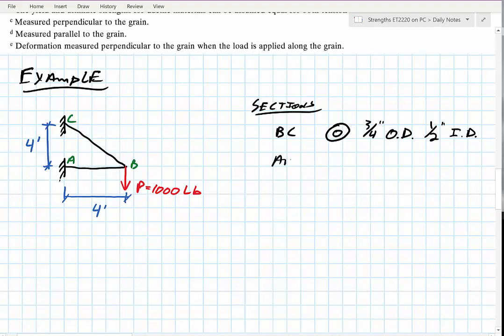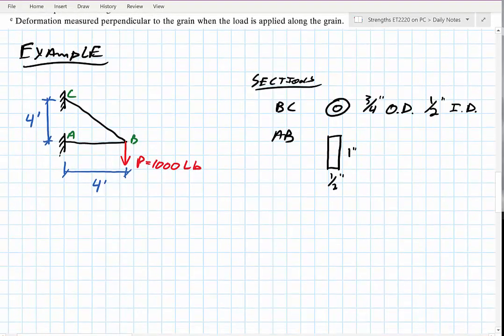And we'll say that AB has a rectangular cross section that is 1 inch tall by 1/2 inch wide. And what we would like to do is find the axial or average normal stress in both of these members.